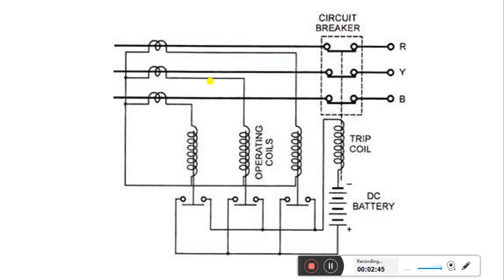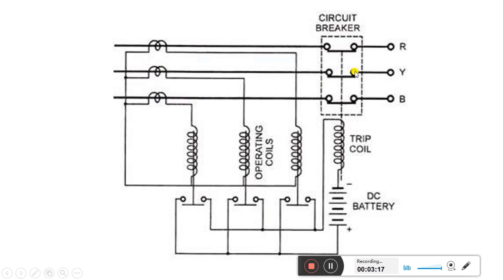So in normal condition there is no current circulating in these operating coils. Hence the operating coils remain unoperated, so nothing happens to the trip coil and the circuit breakers remain closed. All three phases will continue to supply the load current.